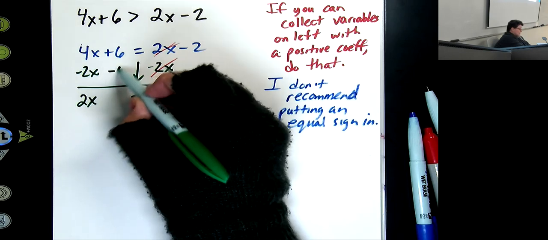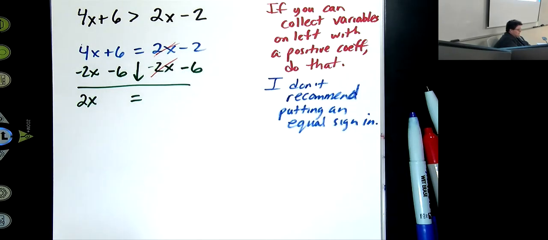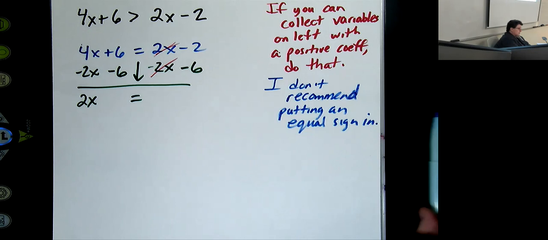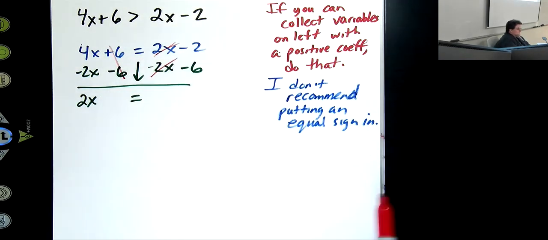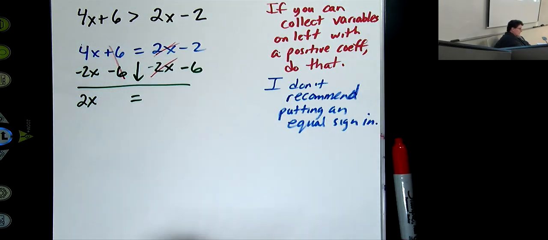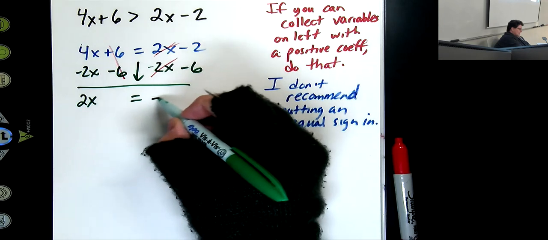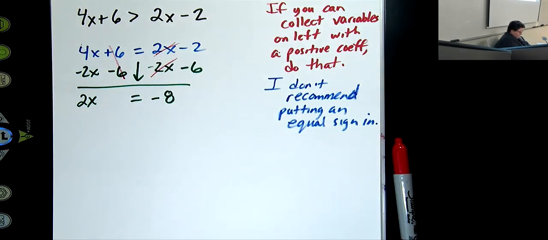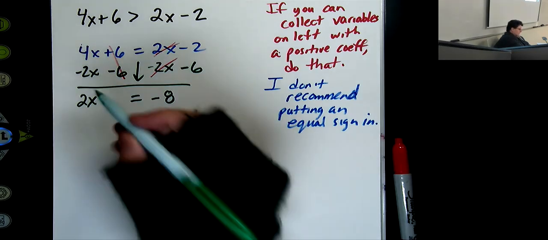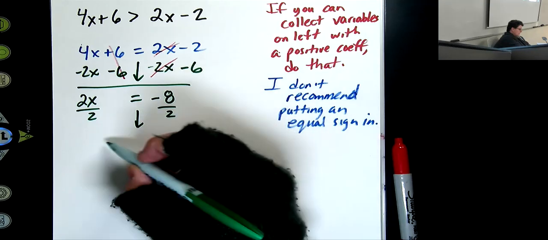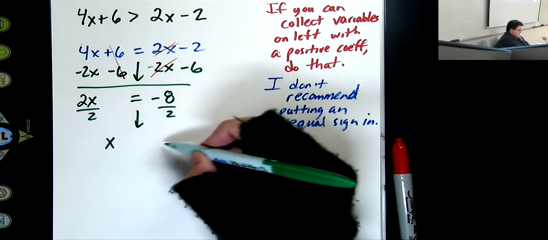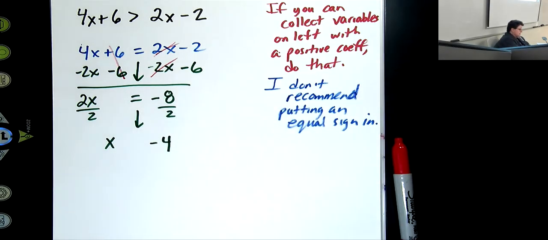I'll subtract 6 from both sides. That'll do away with plus 6, and negative 2 minus 6 is negative 8. I can divide by 2. And I get x on the left, negative 4 on the right.